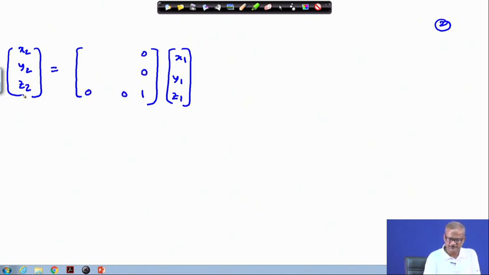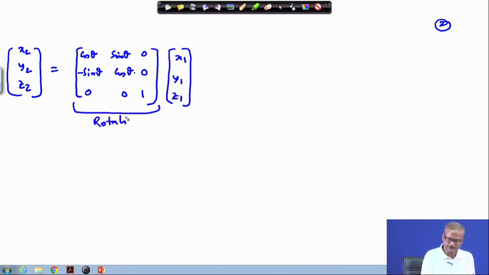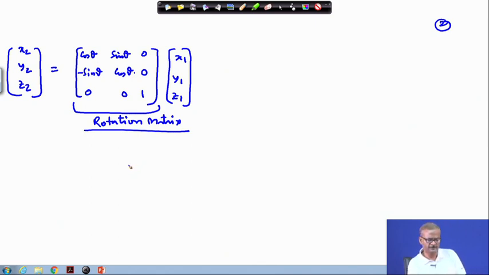You can see that z 2 equals z 1, there is no change in that, because you are giving rotation about that axis, and the rest you just copy from the previous page: cos theta, sin theta, minus sin theta, and here cos theta. So, this is the rotation matrix which gives you rotation about the z axis by theta angle in the anti-clockwise direction. We have taken the right hand triad.